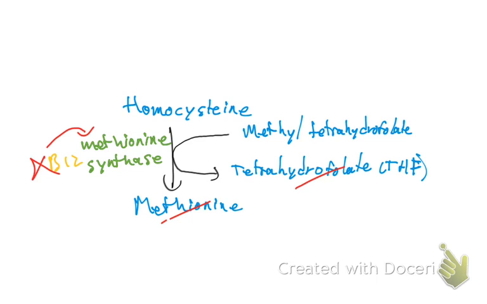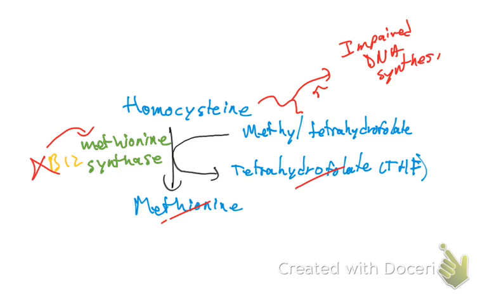That means homocysteine and methyl tetrahydrofolate, those two, are going to build up, and then the patient is going to have impaired DNA synthesis. Okay, so the patient is going to have this DNA synthesis impairment. Got it?